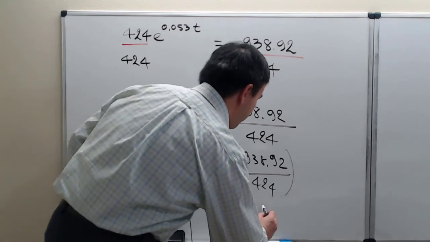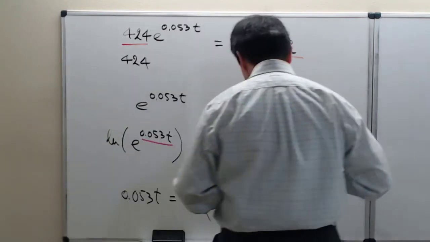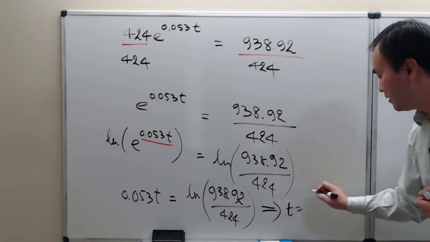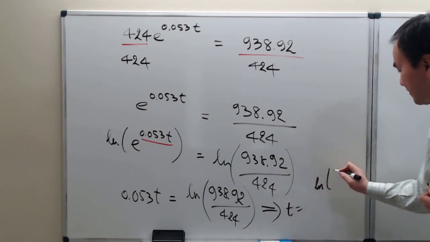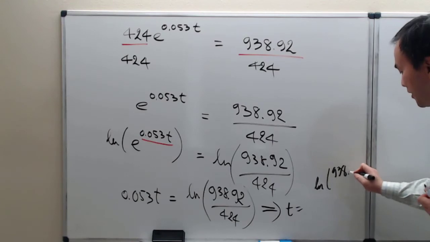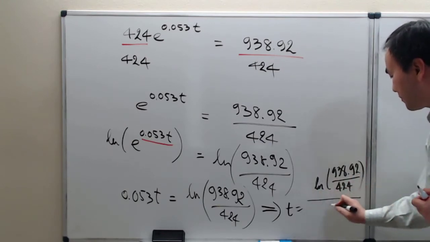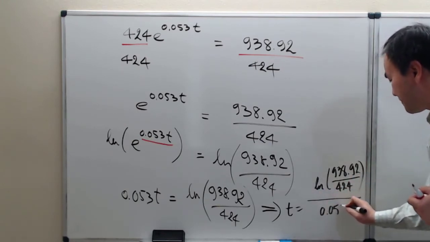So my final t is going to be whichever comes out from the natural log of 938.92 divided by 424, and we're dividing that by 0.053.